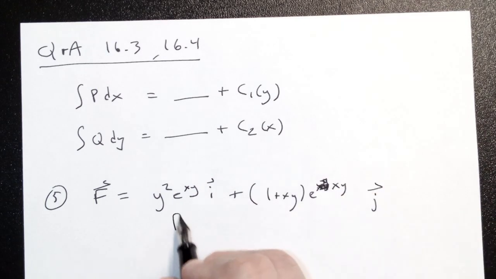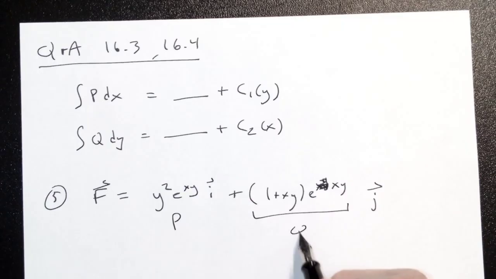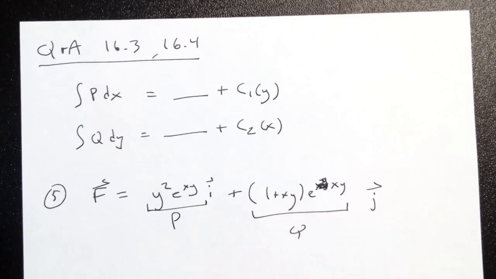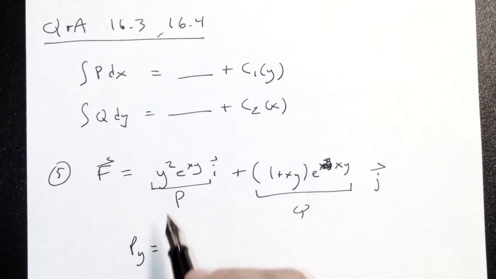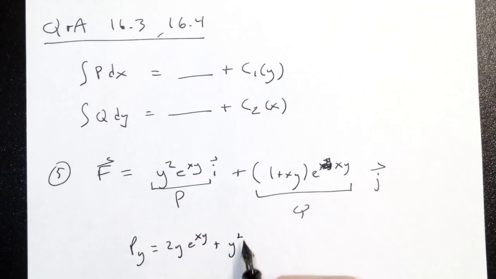So here's P, here's Q. I look at P_y, that's going to be product rule. Derivative with respect to y, I get 2y e to the xy plus, leave the y squared alone, derivative of e to the xy is e to the xy, and by the chain rule the derivative of xy with respect to y is an x.